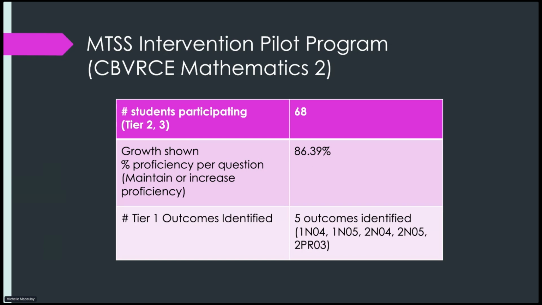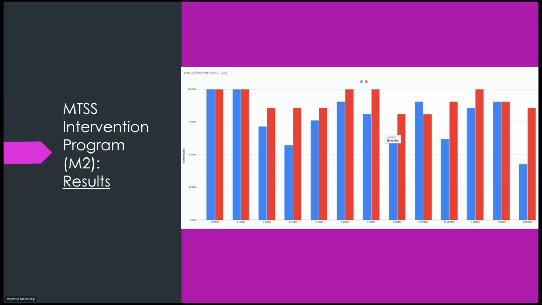So they at least kept the content correct and could answer similar questions about that outcome, and or were successful in ones that they were not on the diagnostic. Tier 1 outcomes were identified from that, so that informed the teachers to do some additional support in class with those outcomes that are identified on the screen.